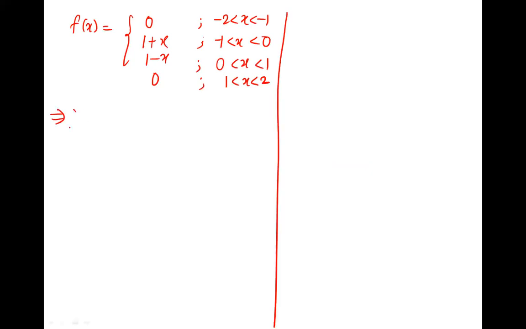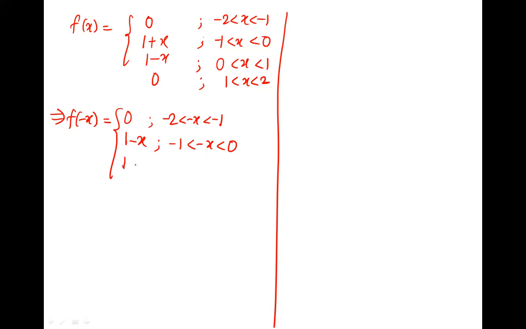So we'll check f of minus x, right? f of minus x means wherever there is x, first thing is it is replaced by minus x. That is what I am doing, writing minus x wherever there is x. So here minus 2, where there is x it is minus x, the rest as it is. Here also minus x, so it becomes 1 minus x, minus 1 minus x, 0.